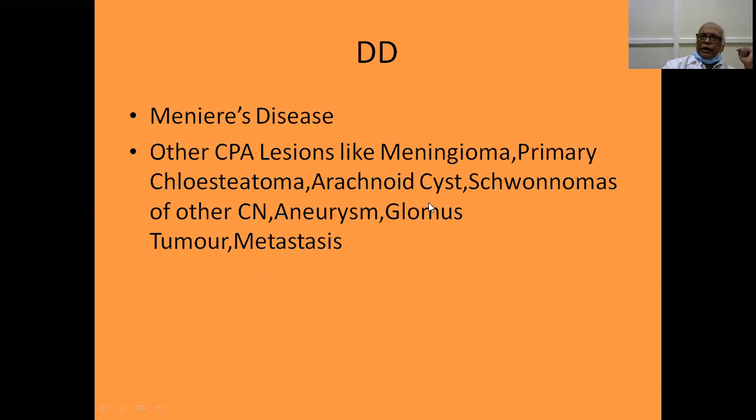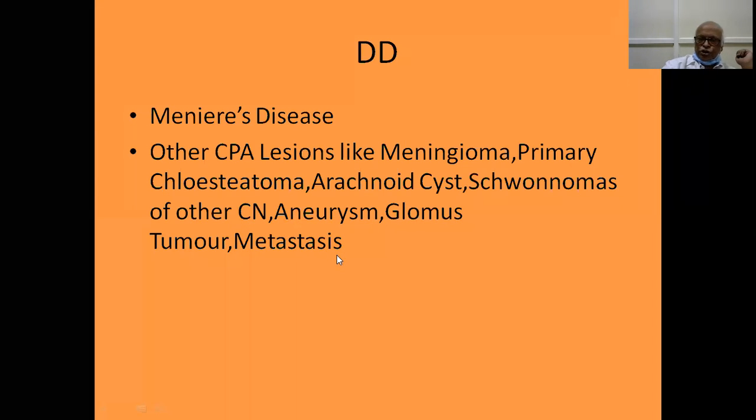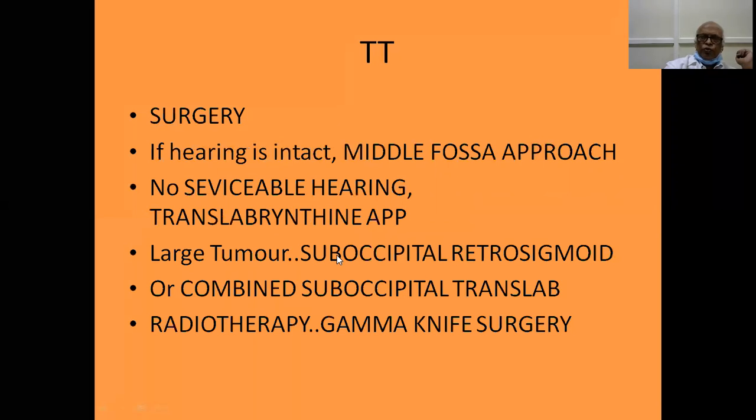Other features will be there, like the pulsatile tinnitus and Brown sign may be there, and you'll find a lesion in the jugular bulb. And very rarely, metastasis from elsewhere in the body also can produce a similar picture like acoustic neuroma. Once diagnosis is made, how do we treat?